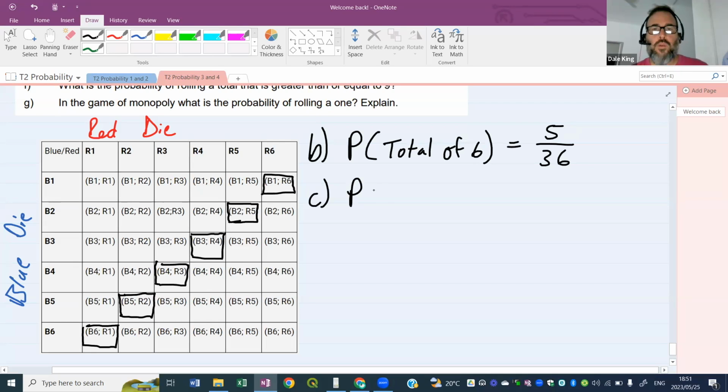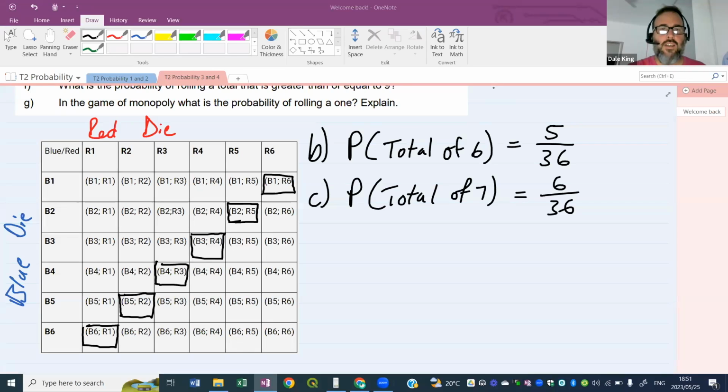All right, so the probability of getting a total of 7, there are 6 of them out of the total of 36. Yes. Yes, Sonia, well done. And I understand now why you wrote that.